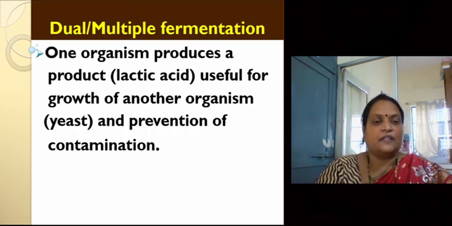The next purpose is one organism produces a product that is useful for growth of another organism and prevention of contamination. The example given here is one organism is producing lactic acid. Production of lactic acid will reduce the pH of the medium and at this reduced pH it will allow the growth of yeast cells and it will also prevent contamination from bacteria.